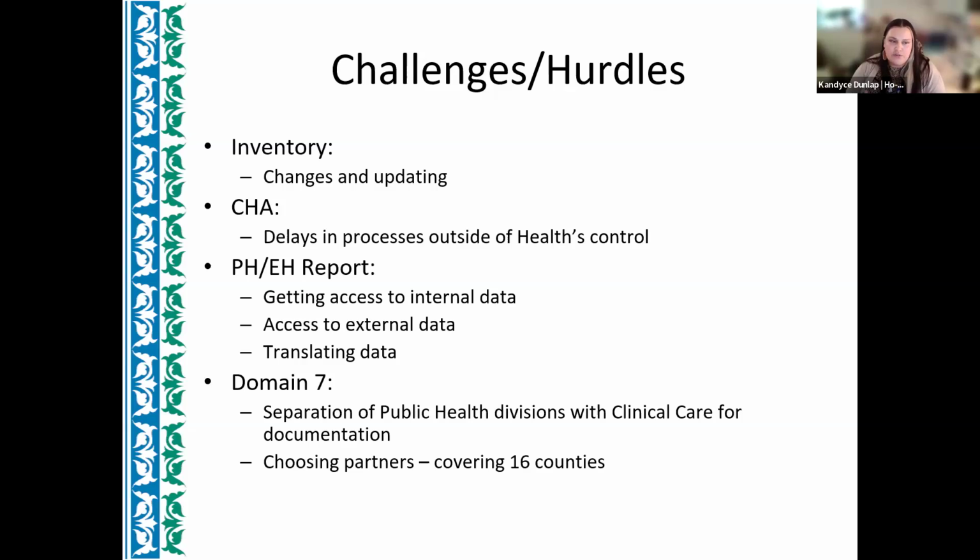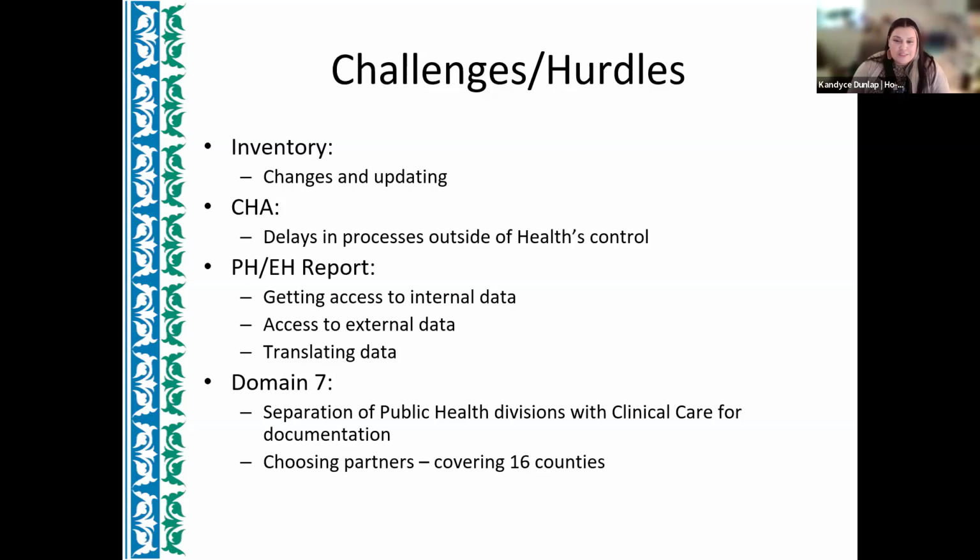We ran into some issues the first time around in trying to submit documentation that came from our clinical side of things, and it doesn't fulfill the public health piece of it. So making sure that all of those who are on board and working on annual reports or reaccreditation understand those distinctions and are reading through the standards and measures in doing that.